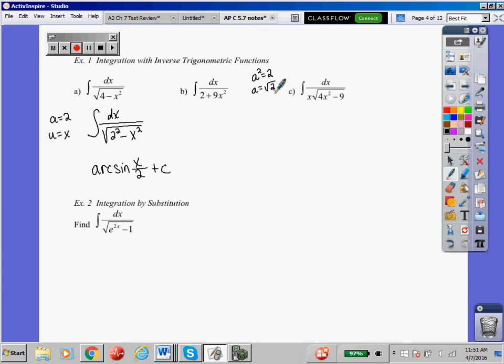Do you get it? Because it's a squared plus u squared. So our a in this case is actually the square root of 2. Now, what is u? U is not 9x squared. It's 3x, right? Well, the problem is when I go to do the du, that's 3dx. I don't have a 3dx up here.